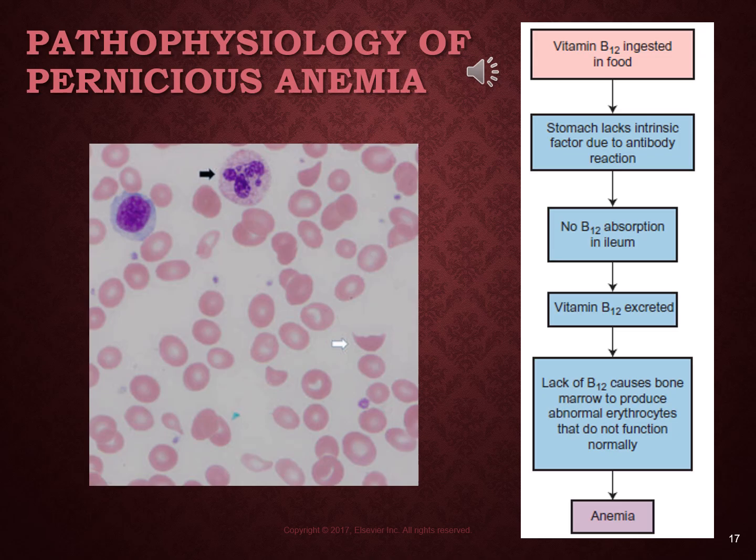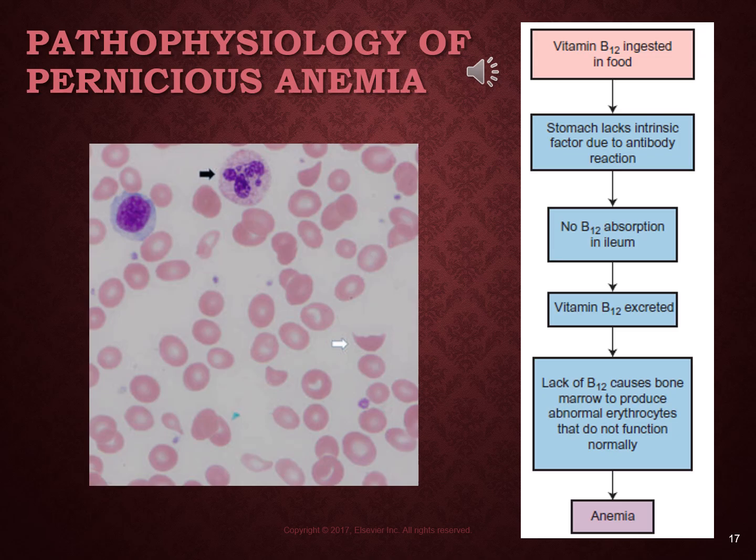In pernicious anemia, your stomach lacks intrinsic factor due to an antibody reaction, and so therefore you don't get B12 absorption in your small intestine. The B12 is excreted, and this lack of B12 then causes the bone marrow to produce abnormal erythrocytes that don't function normally. So it continues to produce the red blood cells, they are just abnormal. And this is pernicious anemia.